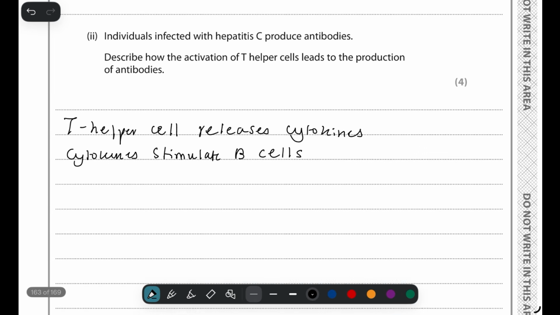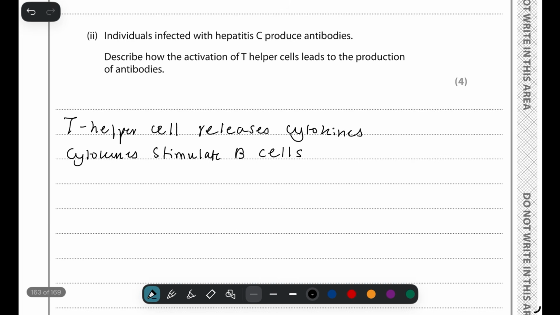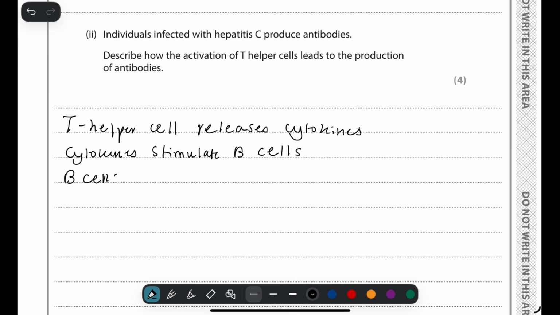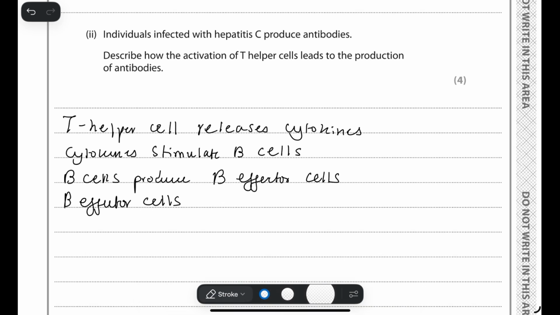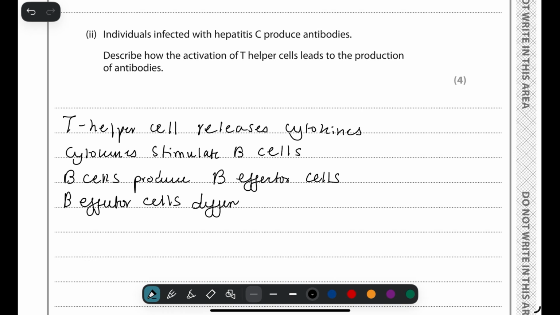Okay? So when your B cells are stimulated, they produce B effector cells. And we know that our B effector cells differentiate, we should say, differentiate is better, into plasma cells.